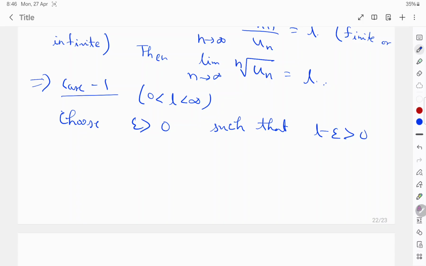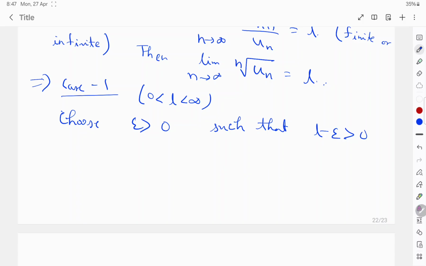Because if your L is, suppose, 0.1, obviously we can have some epsilon value, maybe 0.05, so that L minus epsilon will be greater than 0, right?